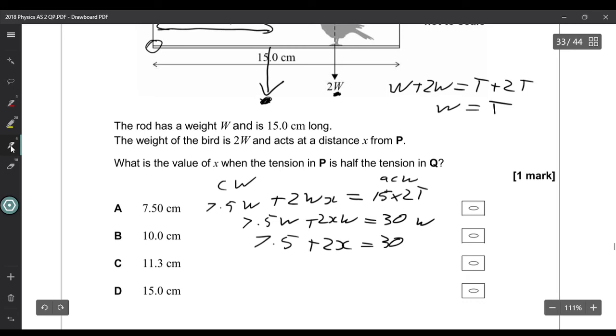So all we've done here is cancel out the W's all the way through, and we get x to be 11.25 or 11.3 to three significant figures. So the answer is going to be C.